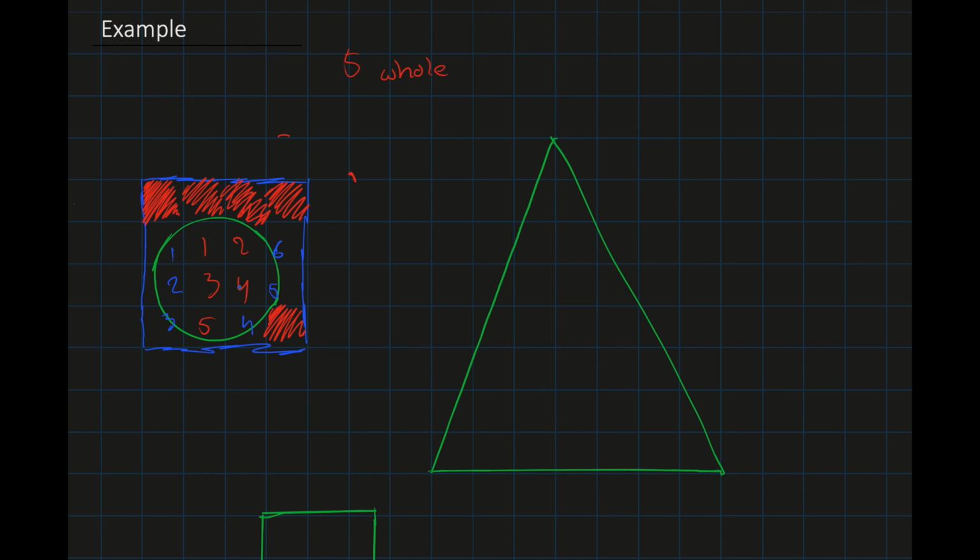So what we're going to do is estimate a value. For all of these, on this side, I think we're just going to count them all as 1/2 because most of them are about 1/2 of their unit. So 1 half plus 1 half, and so on. We have 6, and if each of them is a half, we divide by 2 and we get 3.